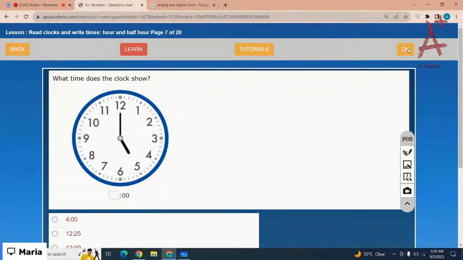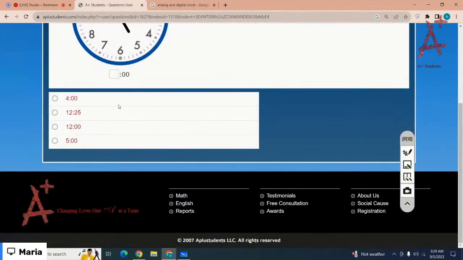What time does the clock show? Yes, very good. That would be 5 o'clock or 5 hours 0 minutes.